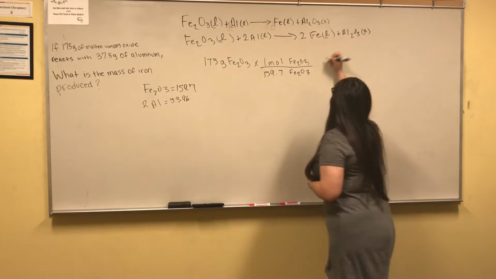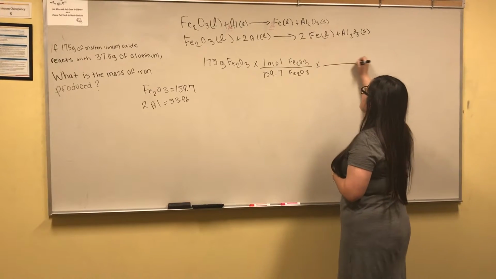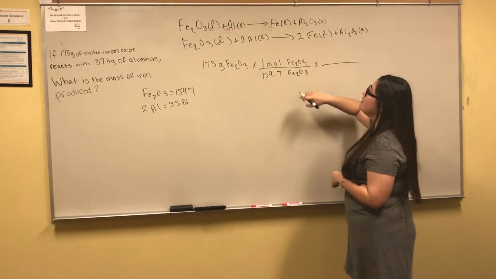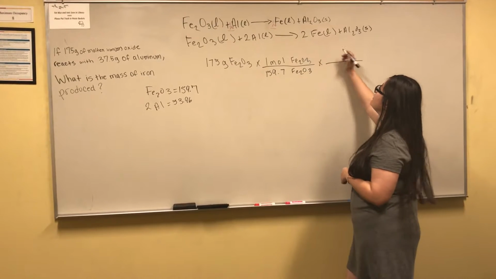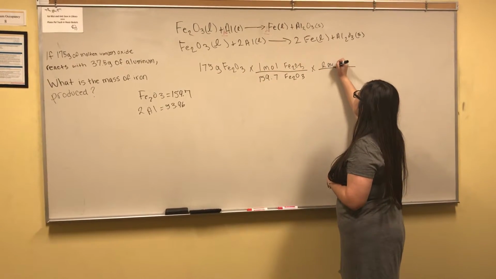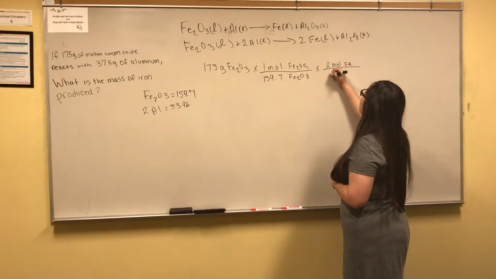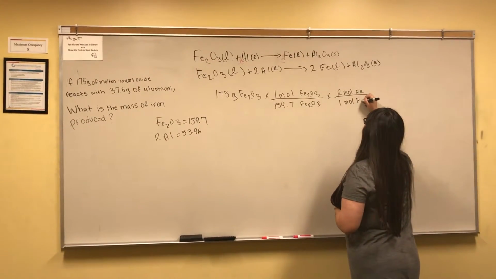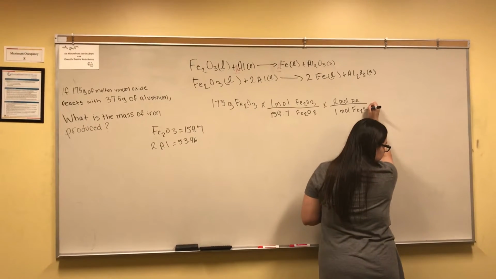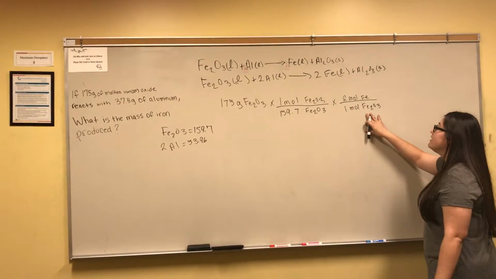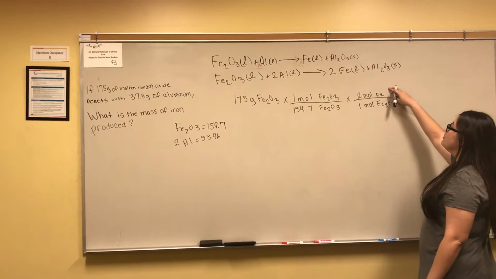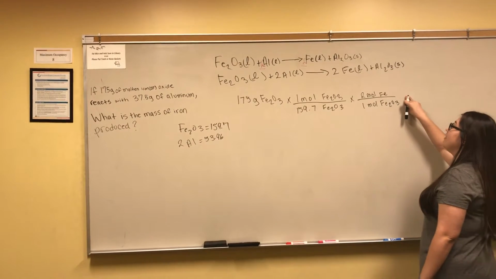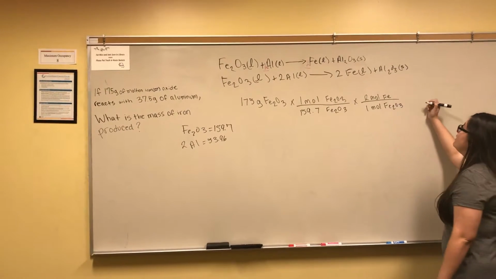Then we have to multiply that by the number of iron that is right here. So it would be 2 moles of Fe over 1 mole of Fe2O3. That's telling us that 1 mole of Fe2O3 produces 2 moles of Fe.